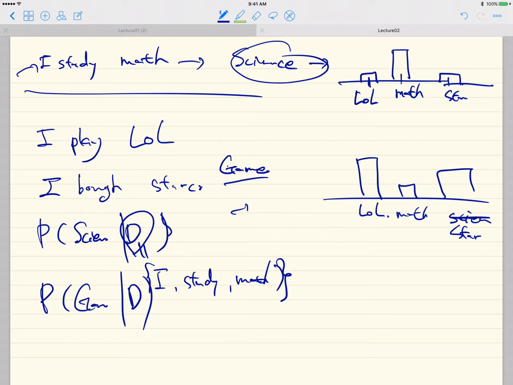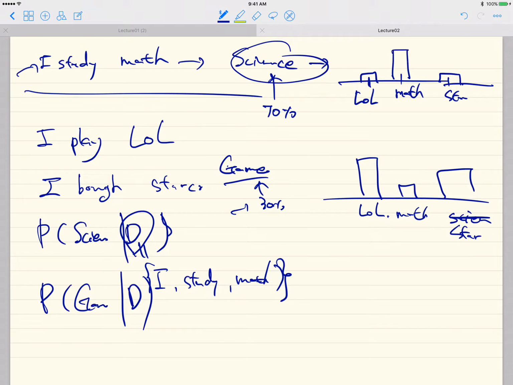Out of maybe 100 total news articles, suppose we have 70% of news articles related to science and 30% related to game. These are the prior probabilities, because that is the probability of an event that happened in the first step.